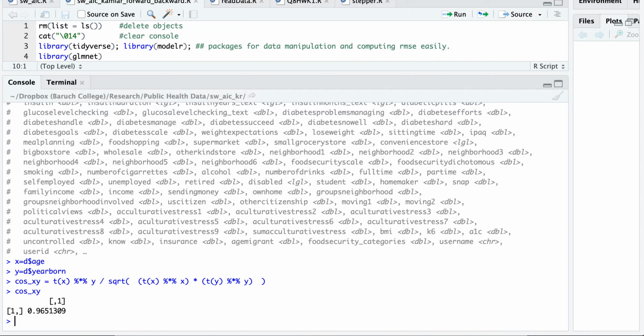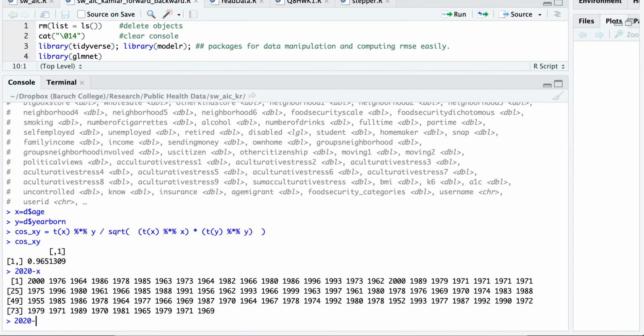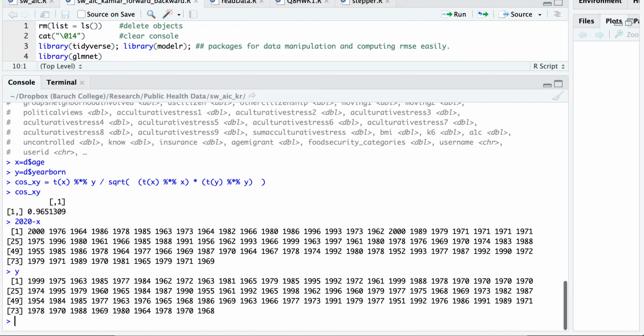Actually, this is very interesting. Essentially X is age, so 2020 minus age. If you're 20 years old, that means that you were born in 2000. There's a one that needs to be added.